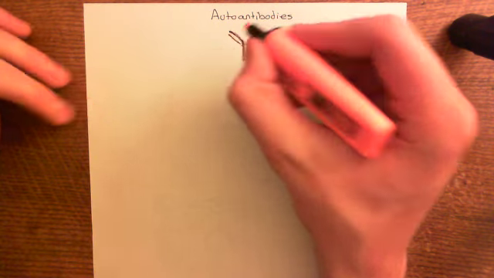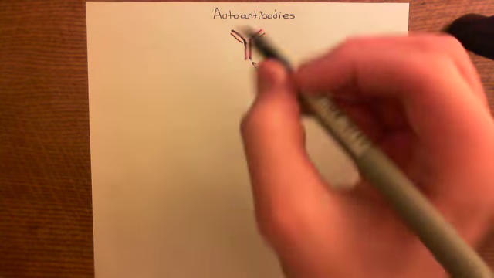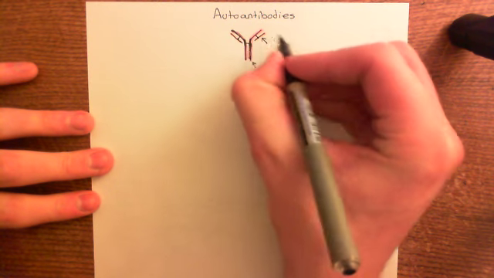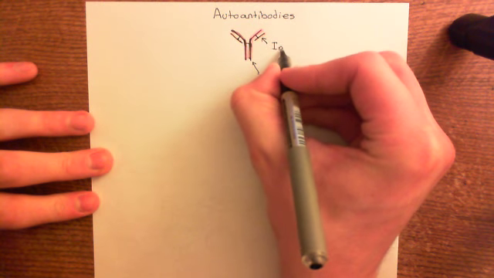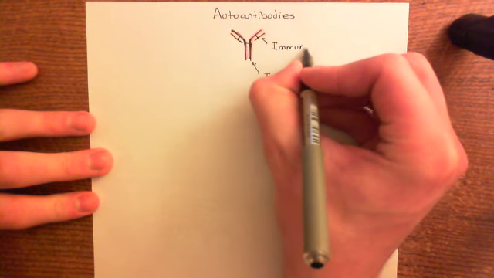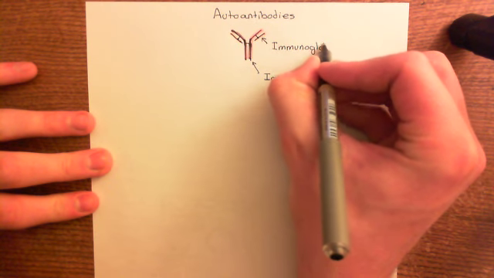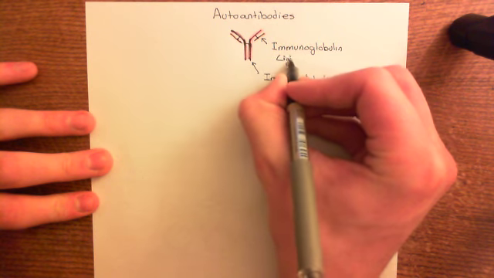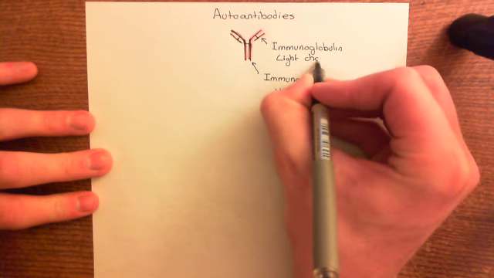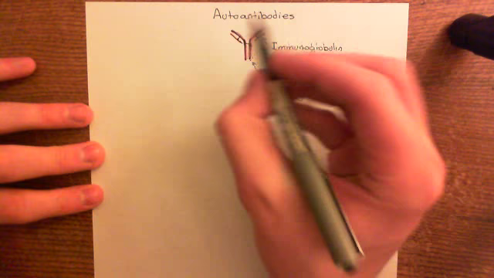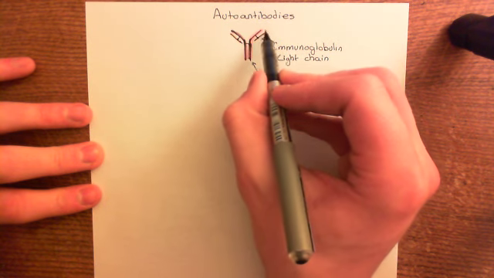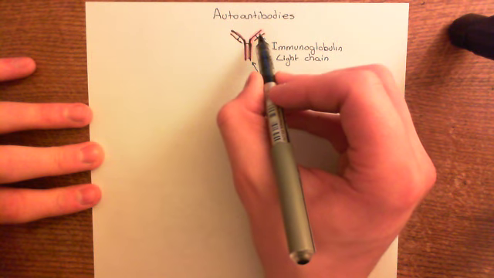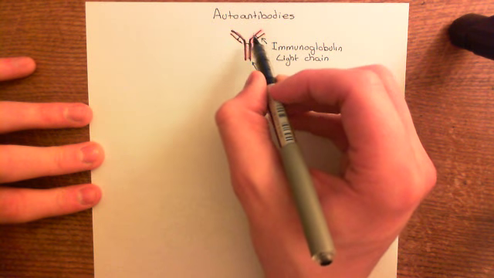So in orange, next to the immunoglobulin heavy chains, you have immunoglobulin light chains, which are also linked to the immunoglobulin heavy chains by disulfide bonds. So this is an immunoglobulin light chain. Basically, for each antibody molecule you have this region up here which is specific to that antibody.